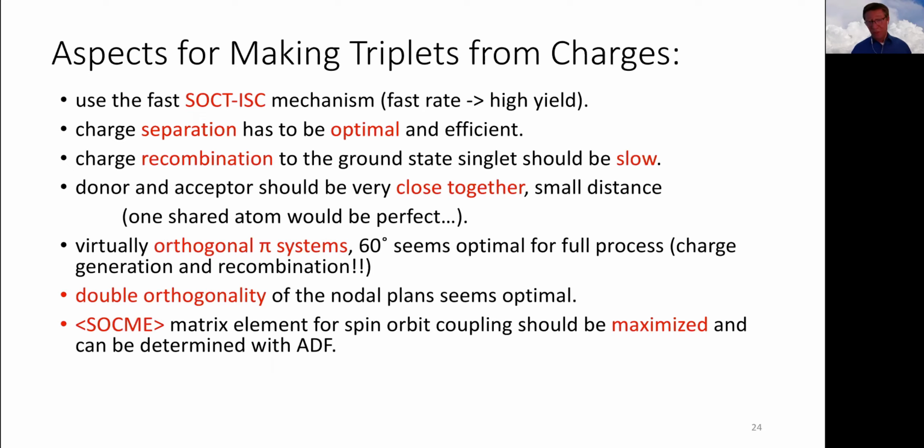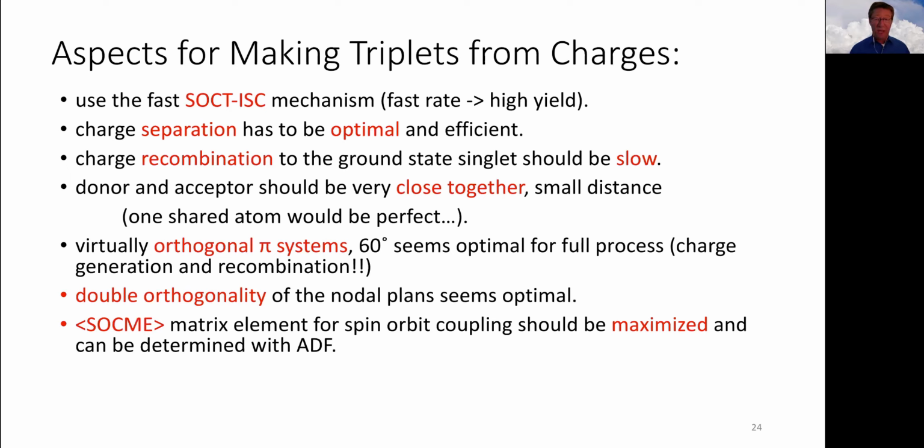Basically, the donor and acceptor should be close together. They should have a small distance. They should be virtually orthogonal, but in fact, if it is really 90 degrees, then the charge generation will not be so efficient. So it seems that about 60 degrees is optimal because some systems that we saw have that property.